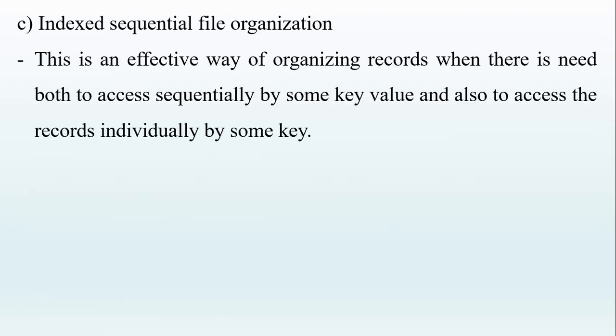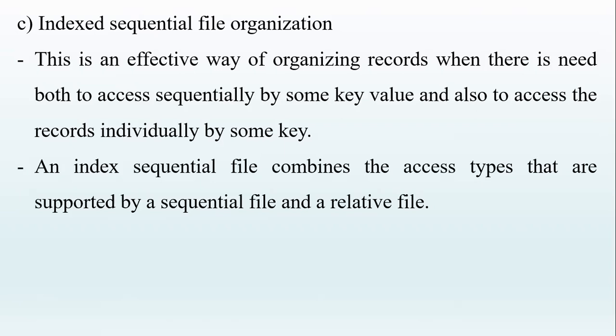Number three is the indexed sequential file organization. This is an effective way of organizing records when there is a need both to access the content sequentially by some key value and also to access the records individually by some key.